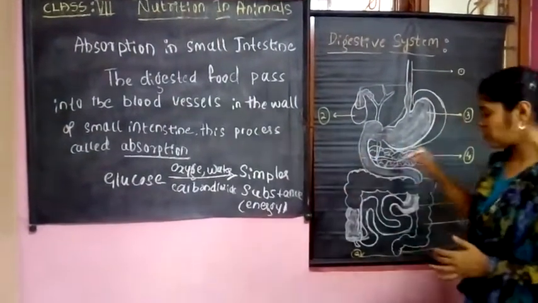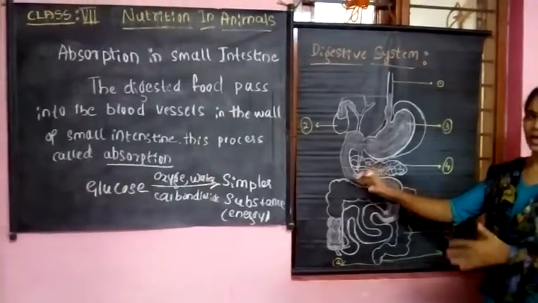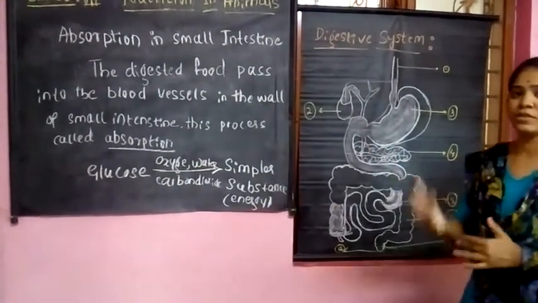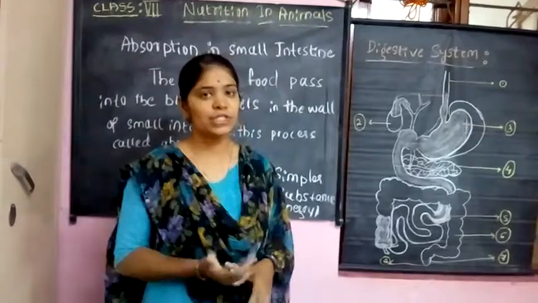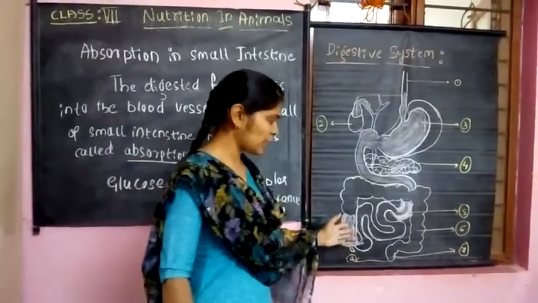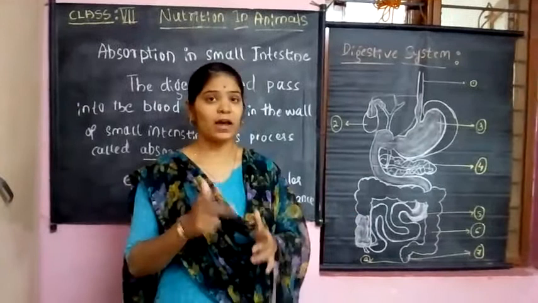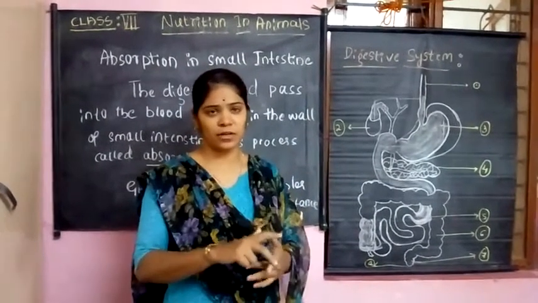So as I told, the undigested food material will move towards the large intestine. So what happens in the large intestine? The undigested and unabsorbed food material moves towards the large intestine. This large intestine is wider and shorter than the small intestine.